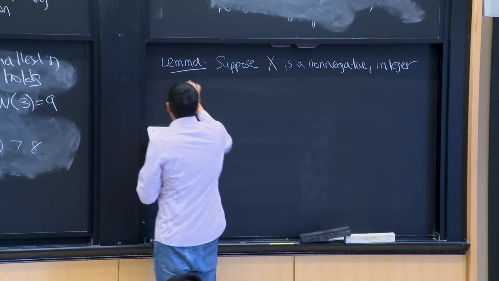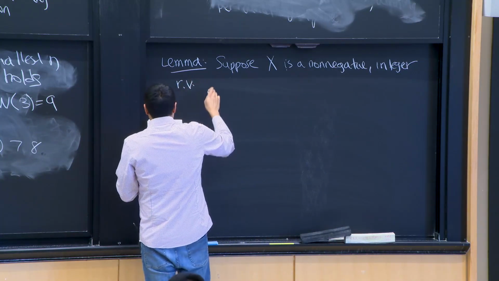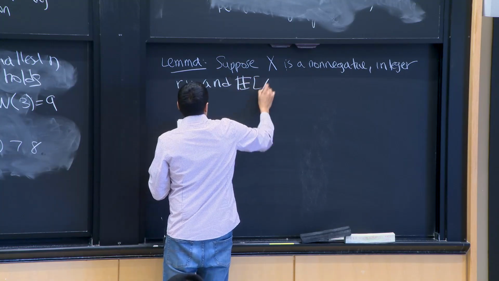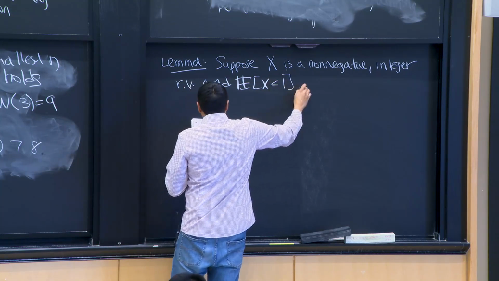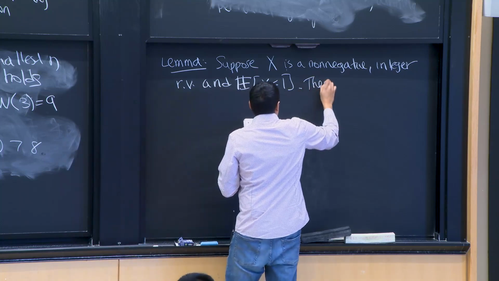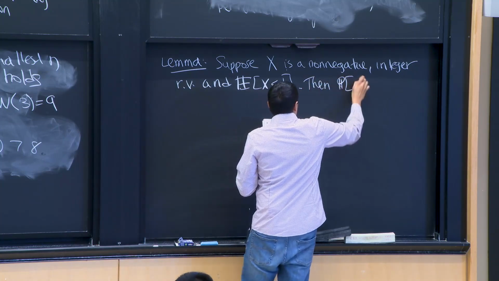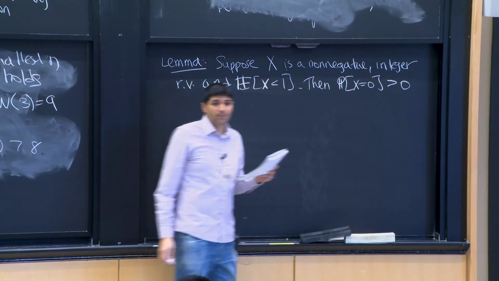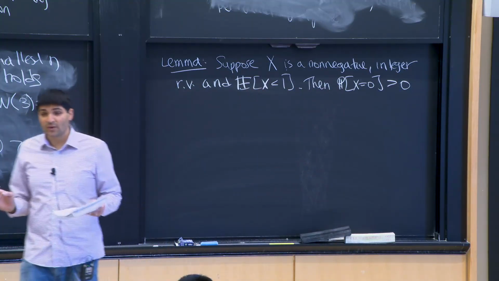And let's say that the expectation of x is less than 1. Then what I claim is that the probability that x equals 0 is strictly positive.